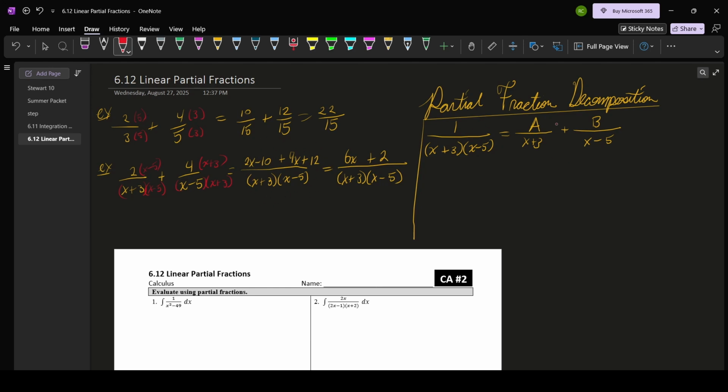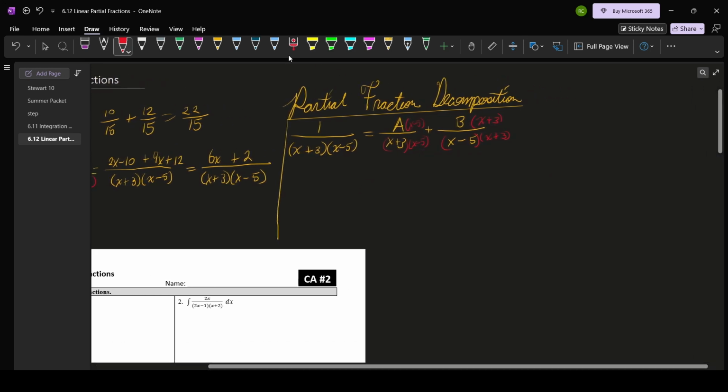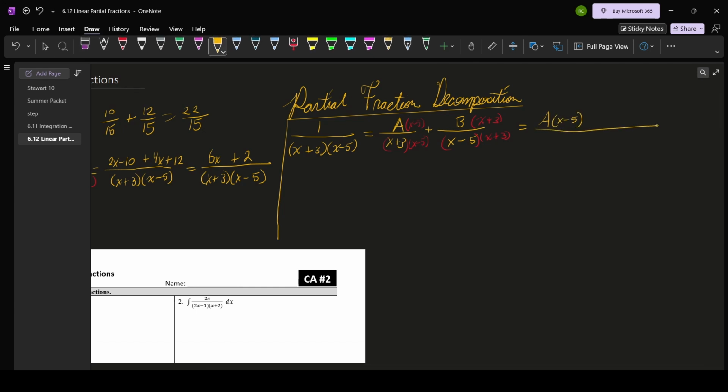You won't need to write this out each time. I'm just doing it now to show you how this works. Multiplying those gives us a new set of numerators. The first one's going to be A times x minus 5 plus B times x plus 3, all over our common denominator, x plus 3 times x minus 5.